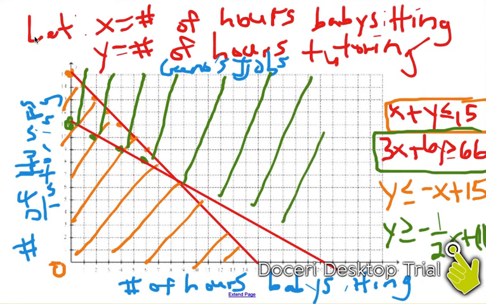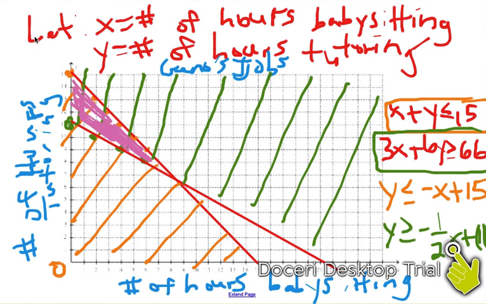Okay, so I've graphed both inequalities, and now I have to answer part B of the question, which is to state one possible solution. Remember, with a system of inequalities, anywhere in the shaded region, where the shaded regions intersect, anywhere in there, which is this part here that I'm coloring in pink, can be considered a solution to the problem.